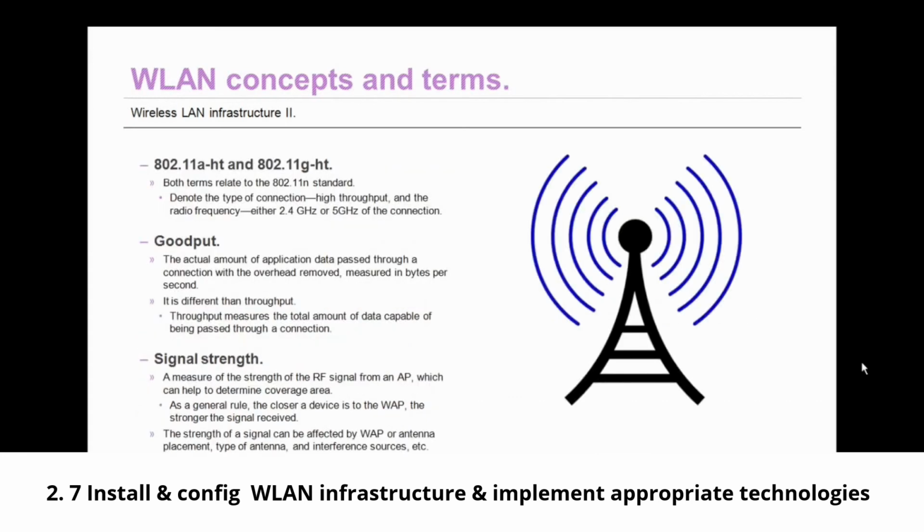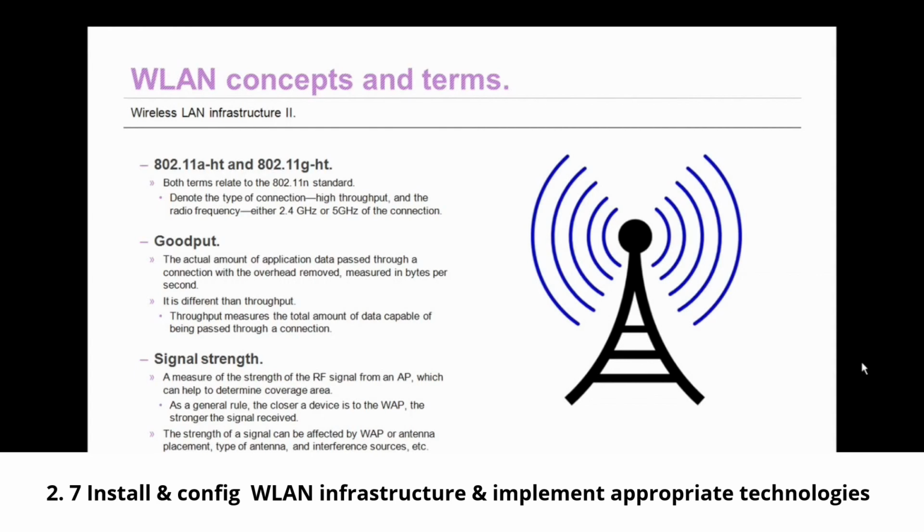Now let's talk about 802.11a-HT and 802.11g-HT. Both of these terms relate to the 802.11n standard. They denote the type of connection, a high throughput connection, and the radio frequency, which will either be the 2.4 gigahertz radio frequency band or it may be a 5 gigahertz connection.